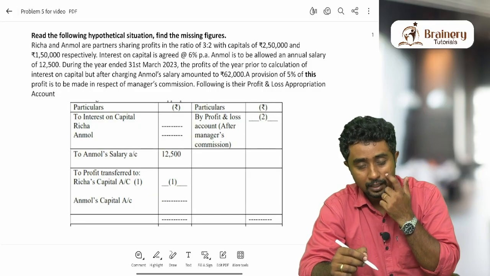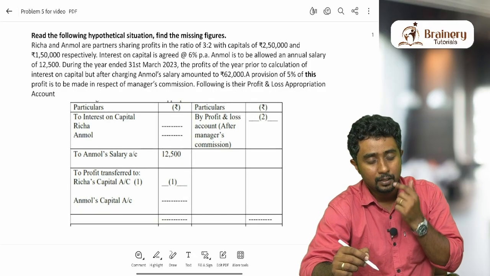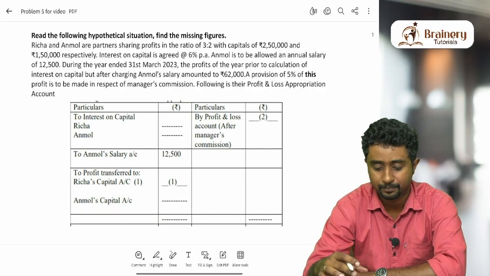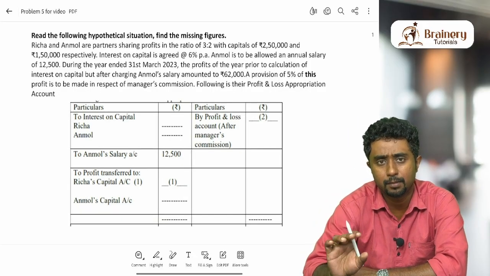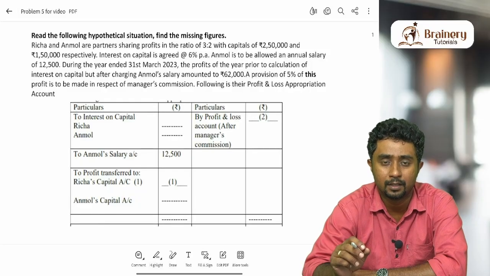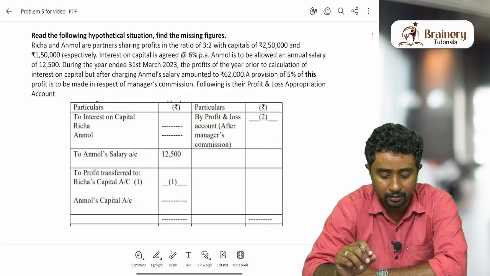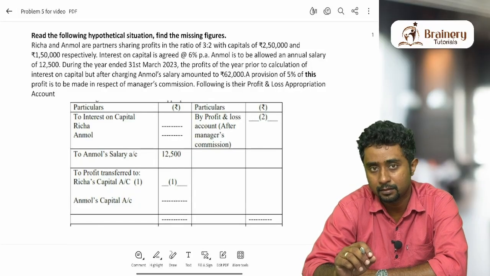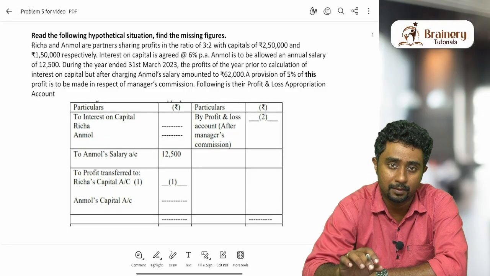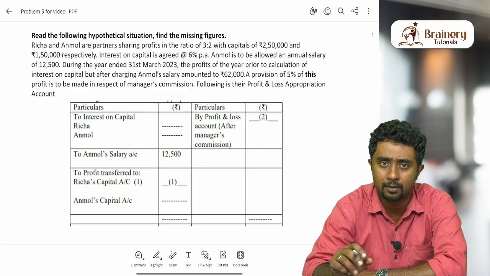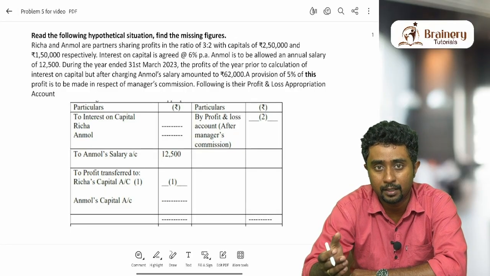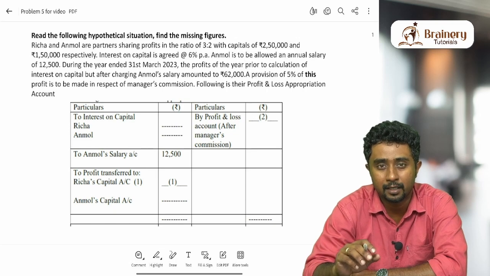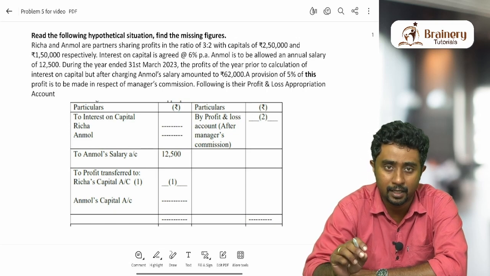First of all, I would like to ask you, what is manager's commission? One simple question. Last year in 11th, you must have studied that manager's commission is something that you calculate on net profit, and basically it is given to the managers. So after calculating net profit, on the left side of the profit and loss account, we have to write manager's commission.